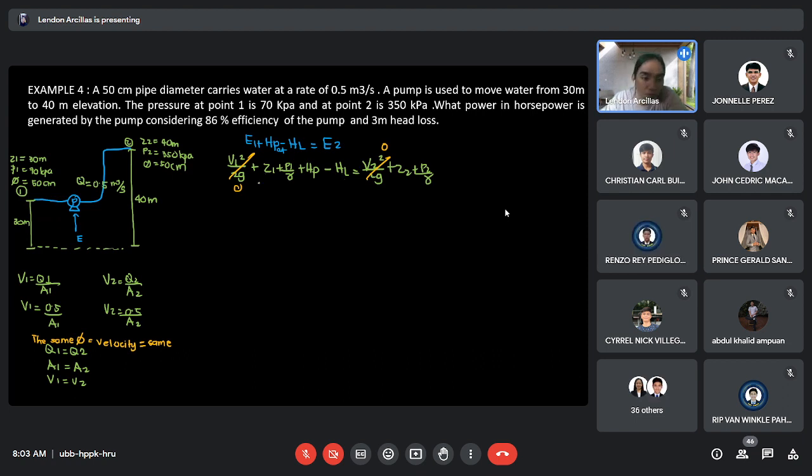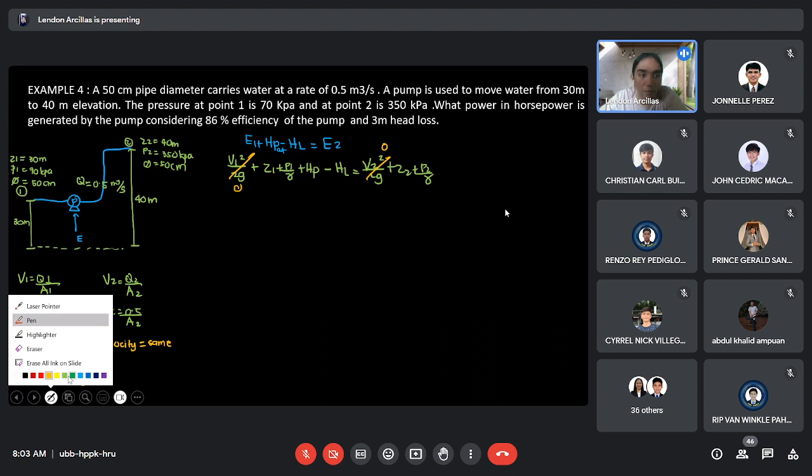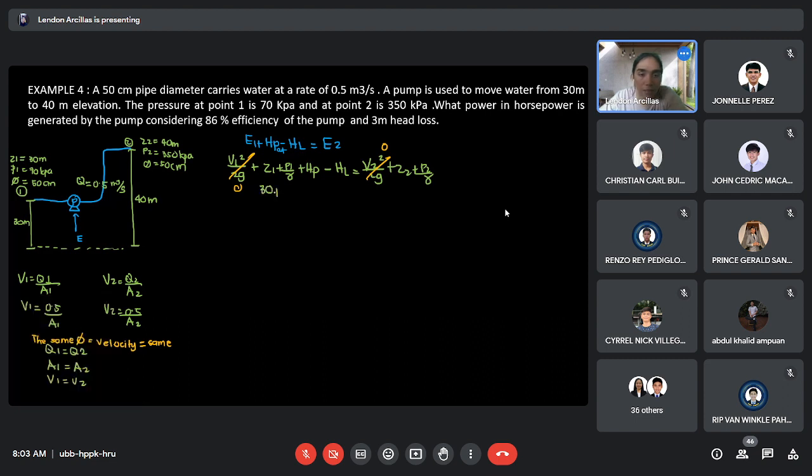Gets yun? So what remains is Z1, which is 30. P1 is 70, over 9.81, the specific weight of water. HP is what we are looking for, that is HP out. HL is 3 meters. Z sub 2 is 40 meters.